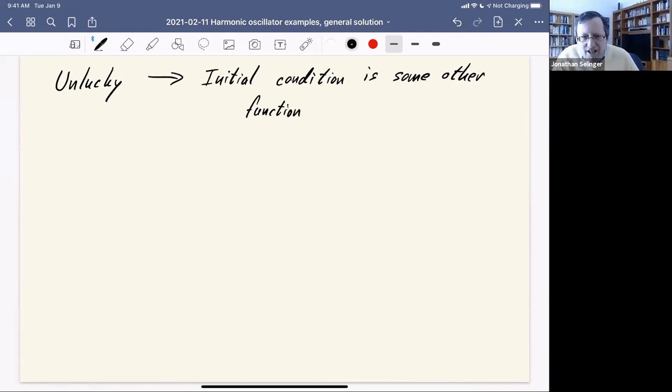It looks like, I don't know, something totally different. There's all kinds of functions out there in the world. That means we have psi of x at 0 is some f of x, some arbitrary thing like that.